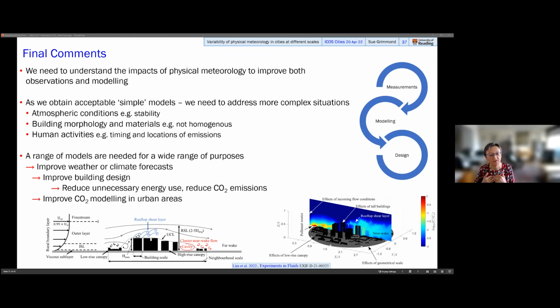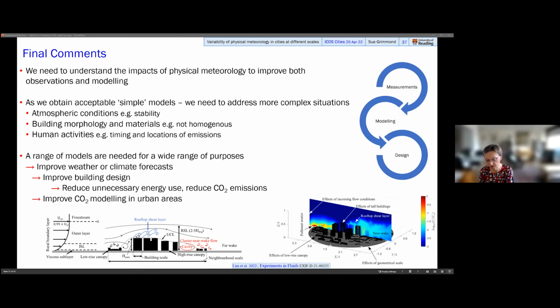From a meteorologist's perspective, it is how can we make things better? For very good reasons, we have to make weather forecast models and climate models simple. There's no point having the perfect weather forecast model if it arrives months after the weather prediction is needed.